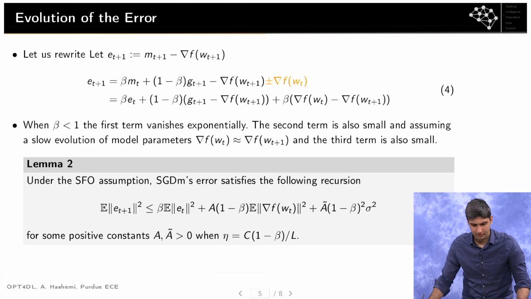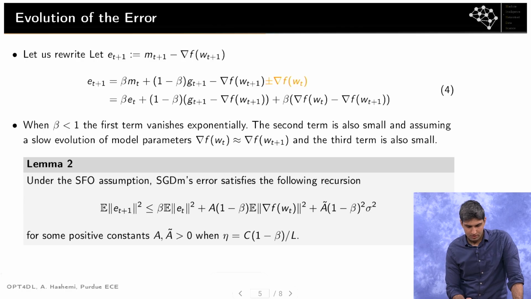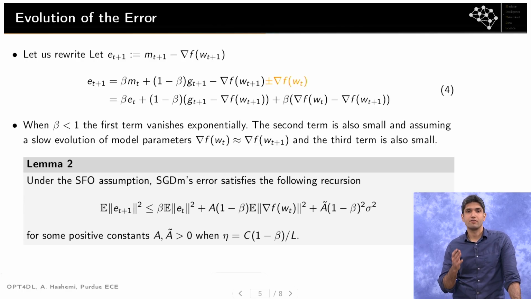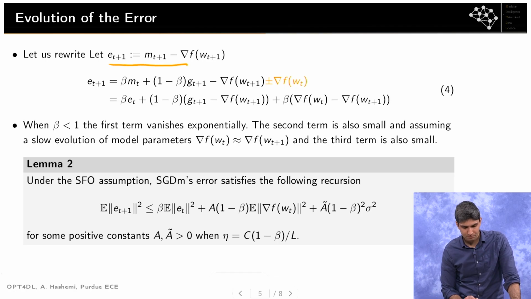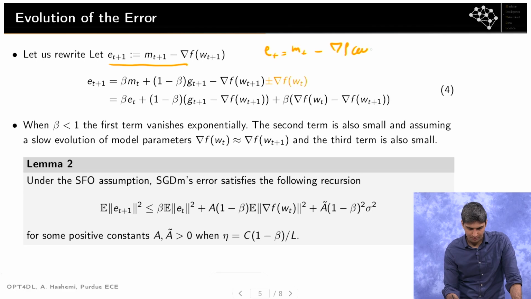So let's look at the evolution of the error. By that I mean I want to see how the error at one time is connected to the error at the previous time. So let's consider the error at time t plus 1. I want to relate it to the error at the previous time, which is m_t minus the gradient at w_t.